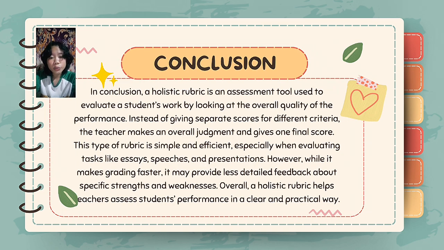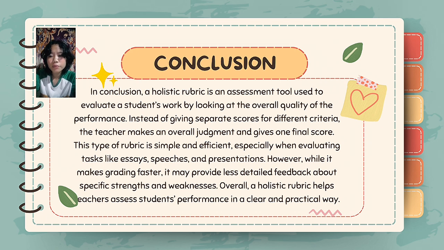a holistic rubric is an assessment tool used to evaluate a student's work by looking at the overall quality of the performance. Instead of giving separate scores for different criteria, the teacher makes an overall judgment and gives one final score.